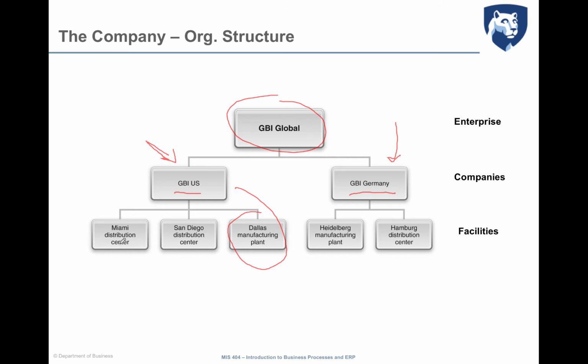In particular, San Diego handles the West Coast distribution and the export for Asia, while Miami handles East Coast distribution and Latin American export. Instead, in Germany, we have a manufacturing plant in Heidelberg and a distribution center in Hamburg. The Hamburg warehouse in particular handles all shipping for the UK, Ireland, Middle East and Africa.